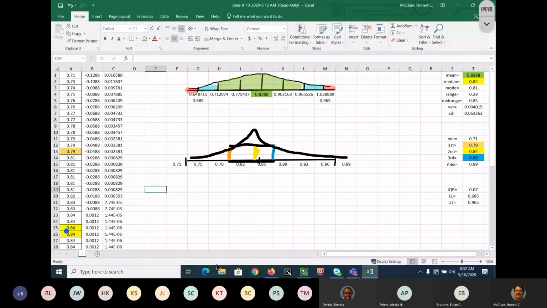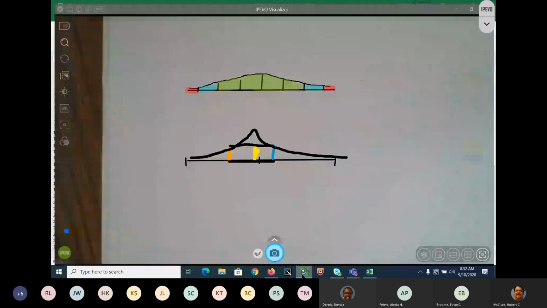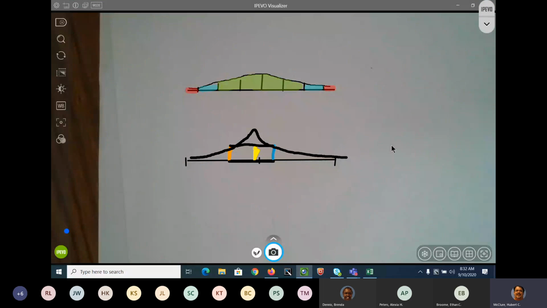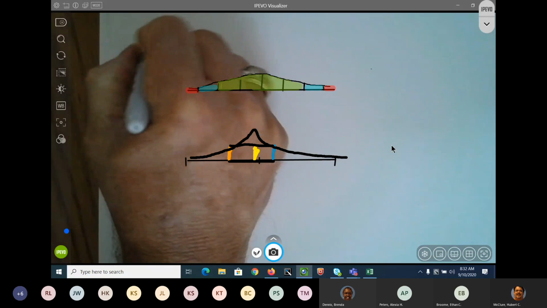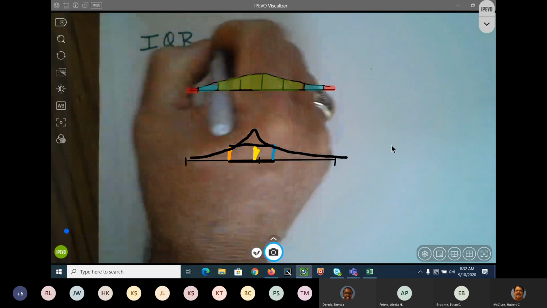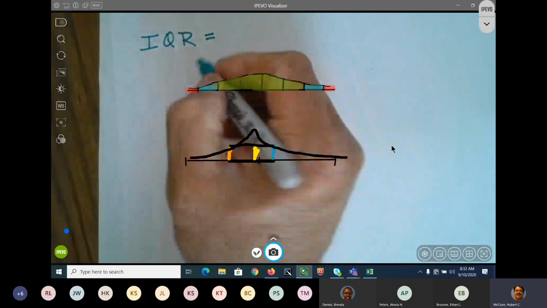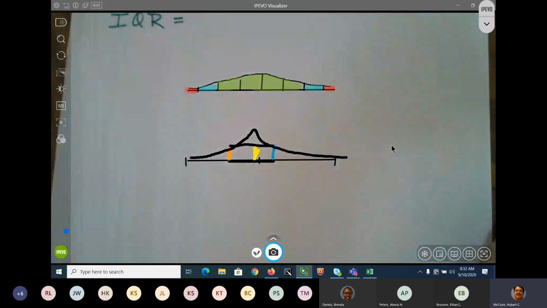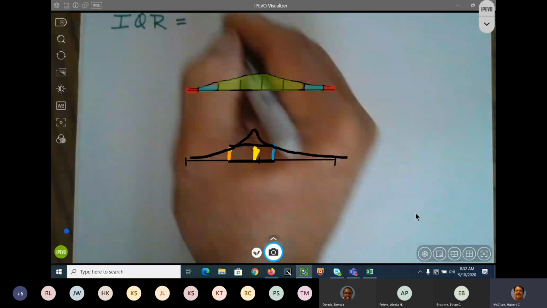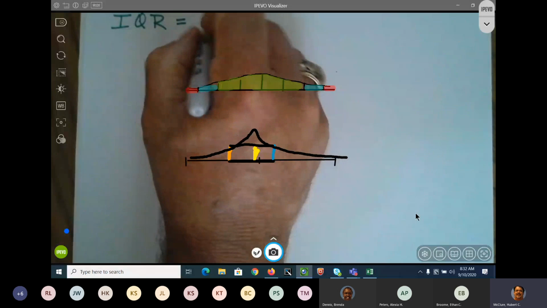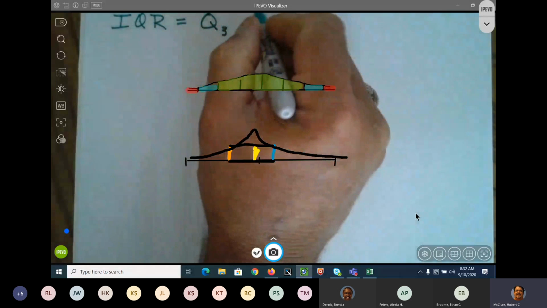Hold on. And I'm just going to leave that there. The interquartile range, and if somebody's got a book, tell me what page it's on so I can reference it with this sheet. Interquartile range is equal to the third quartile minus the first quartile.